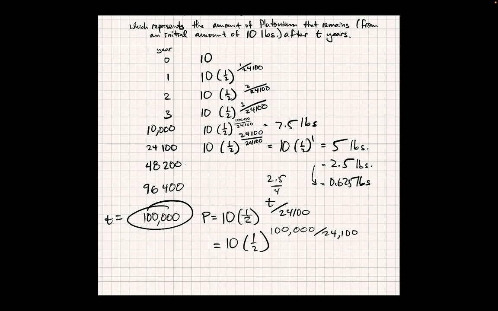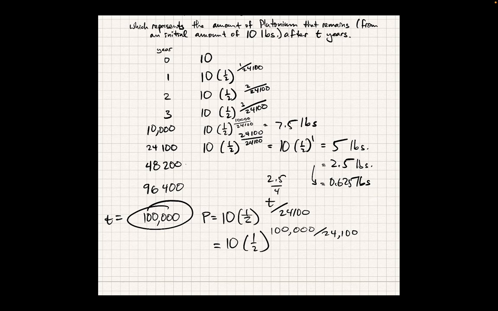Can you put that in your calculator and give me an answer? 4.15 pounds. That's not what I got. So 4 pounds is not a reasonable answer, because at 96,400 we had 0.625. Alright, good.